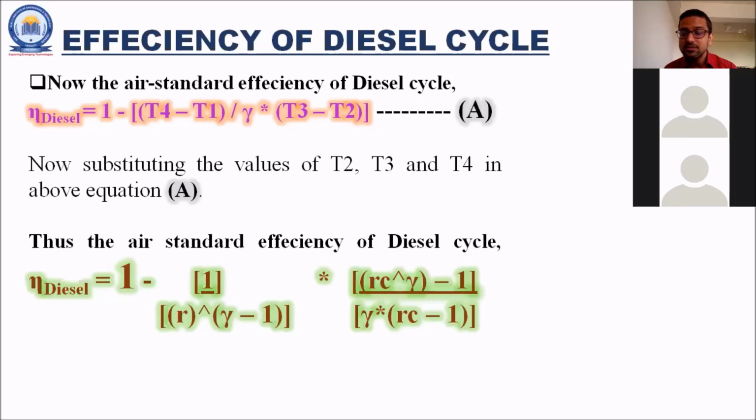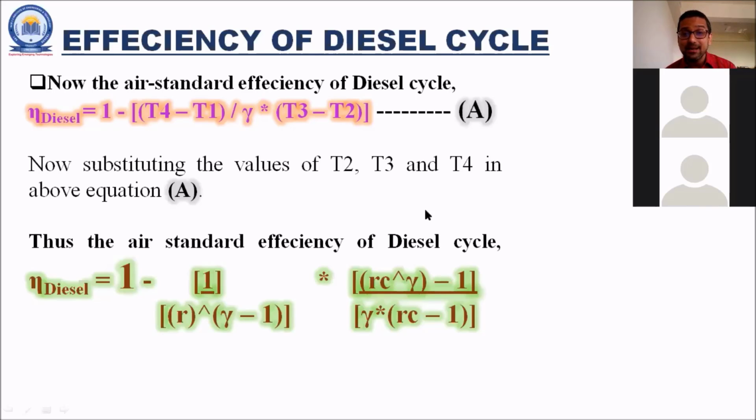I want the responses from the students if you have got this answer after substituting the values and after rearranging the terms. This is the final answer pattern which you need to get in the air standard efficiency of the diesel cycle. Very good.